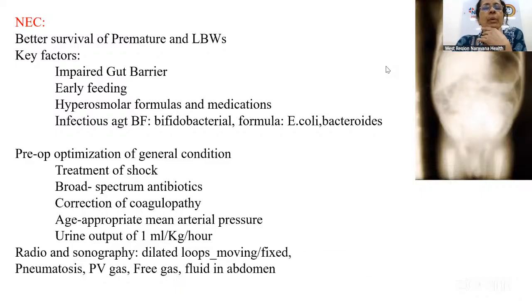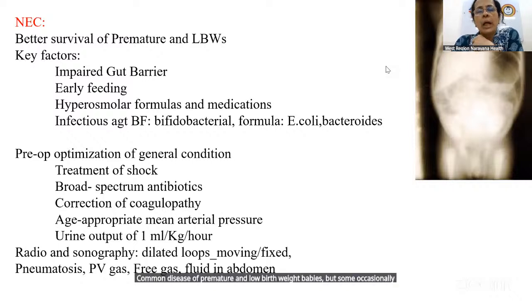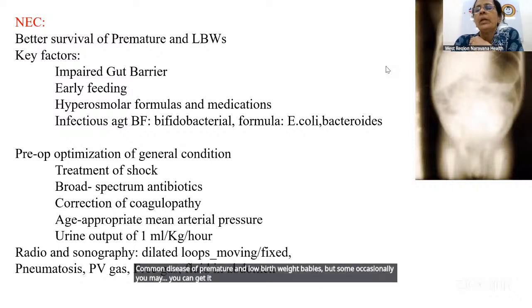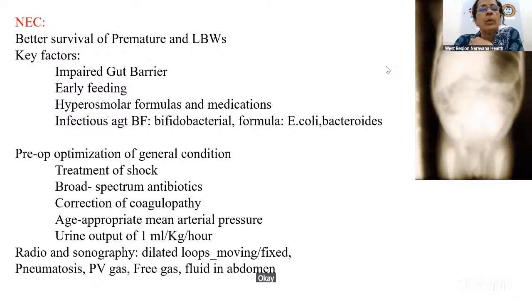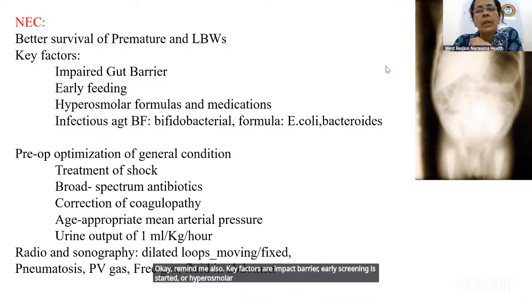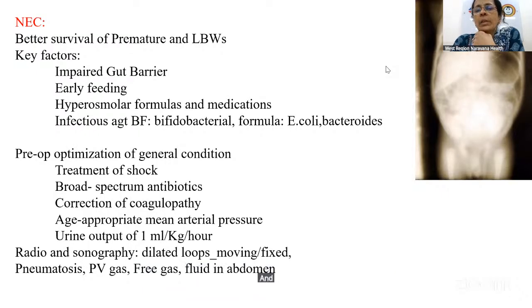It is a common disease of premature and low birth weight babies, but occasionally you can get it in a full term baby, of normal weight also. Key factors are impaired gut barrier, early feeding, or hyperosmolar formulas or medications being given. Infectious agent being Bifidobacter, and in formula fed babies, E. coli or Bacteroides.